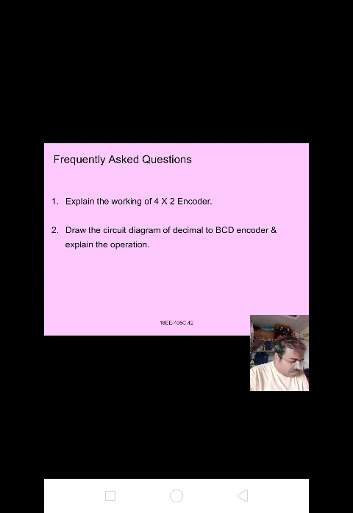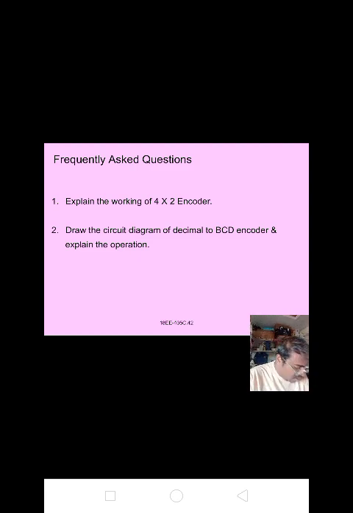Here for input 0 it is 0 0 0 0, for 1 0 0 0 1, for 2 0 0 1 0, for 3 0 0 1 1, for 4 0 1 0 0, for 5 0 1 0 1, for 6 0 1 1 0, for 7 0 1 1 1, for 8 1 0 0 0, for 9 1 0 0 1.